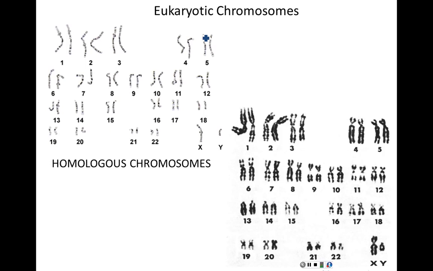Still 46 chromosomes. Each chromosome, however, now consists of two sister chromatids. These two chromosomes, this one and this one, are homologous, not identical, from mom, from dad.